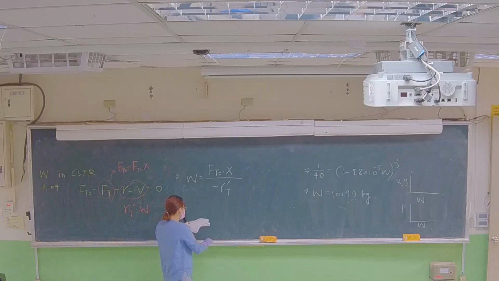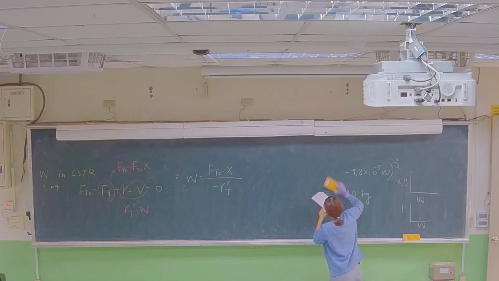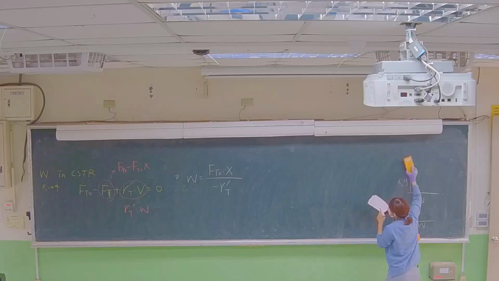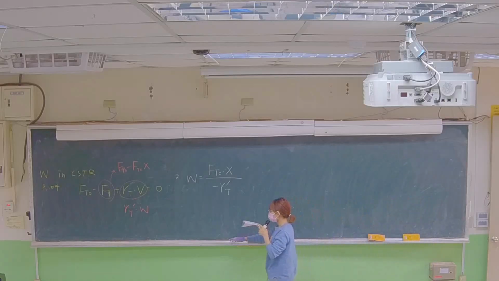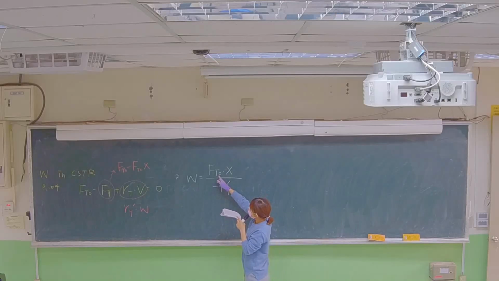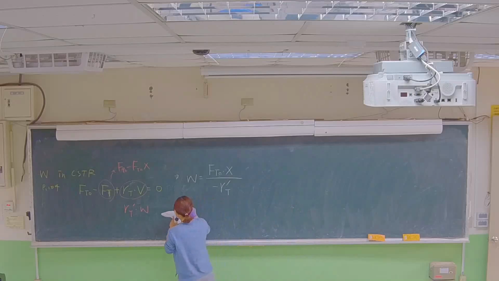This is the design equation for CSTR. We have these two in the problem, so now we want minus RT prime. Please bring everything in. I think you have all the values. Please calculate by yourself.